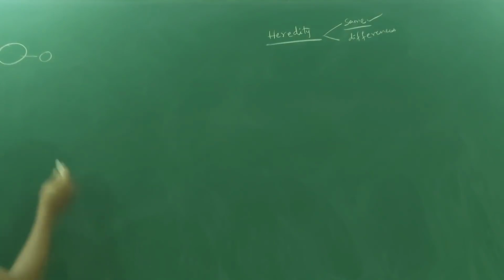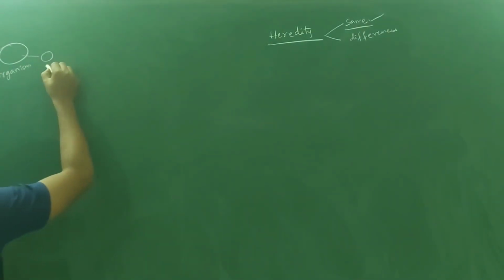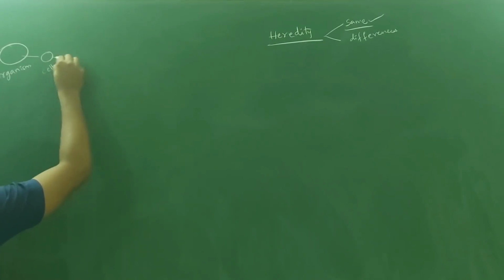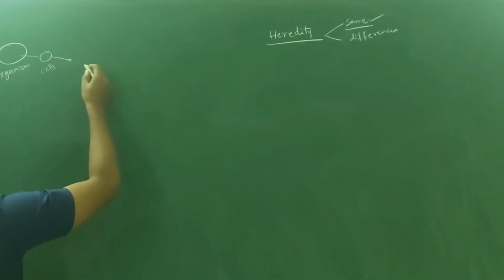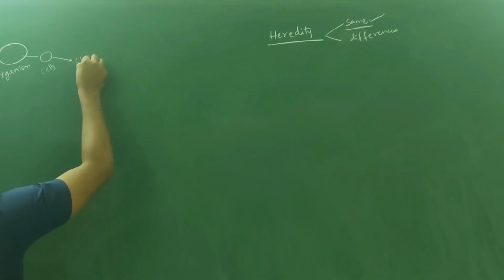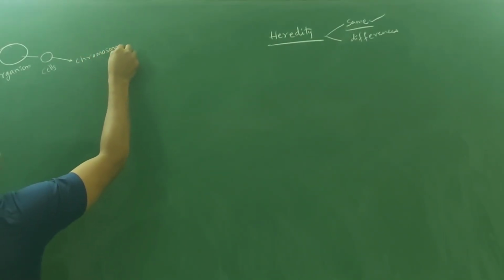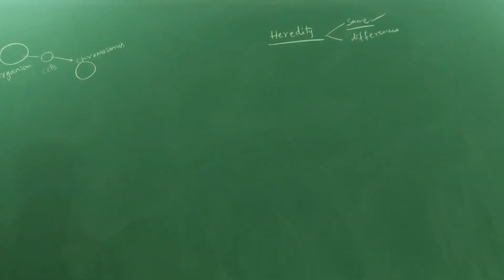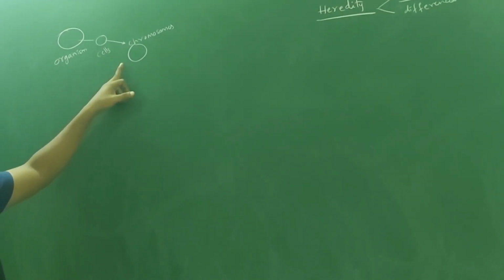Cells contain a number of chromosomes. So organisms are made up of cells, and cells contain a number of chromosomes.